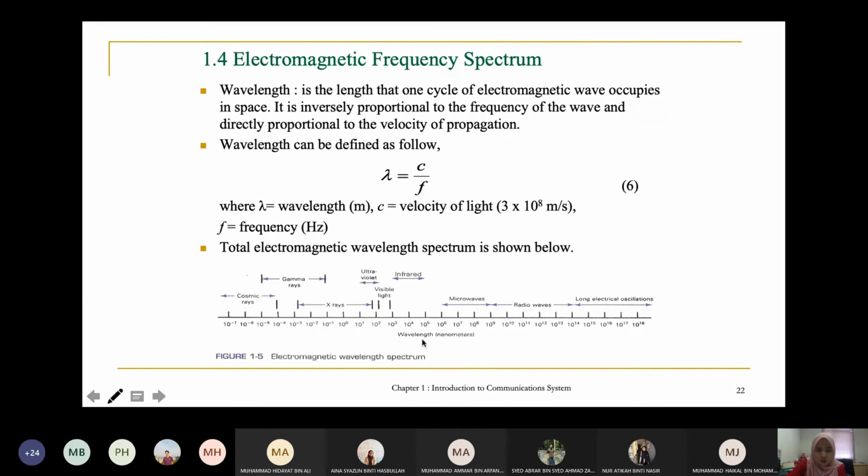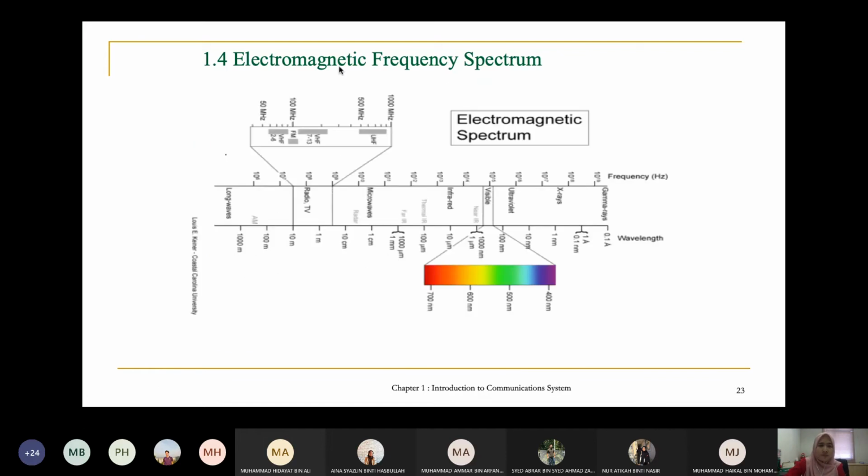Now, because we look at it in terms of wavelength, you can see that cosmic rays have a smaller wavelength compared to radio waves, because wavelength is inversely proportional to frequency. You can also see from the figure, this is frequency, this is wavelength.